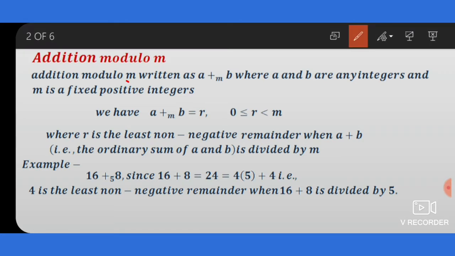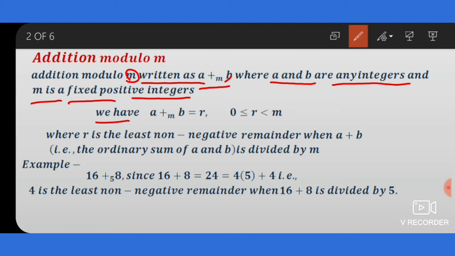Addition modulo m is written as a plus modulo m b, where a and b are any integers and m is a fixed positive integer.